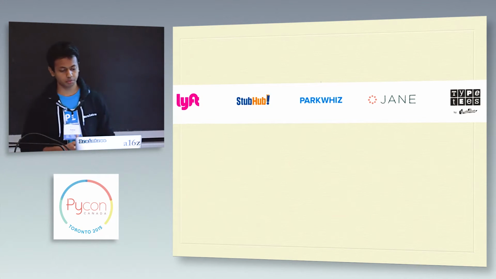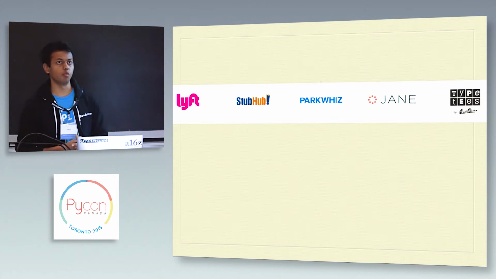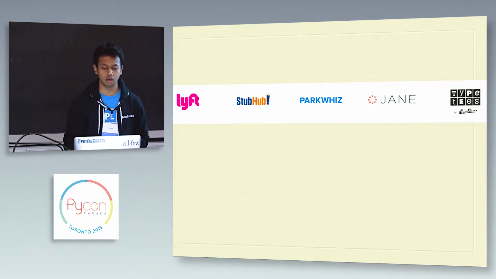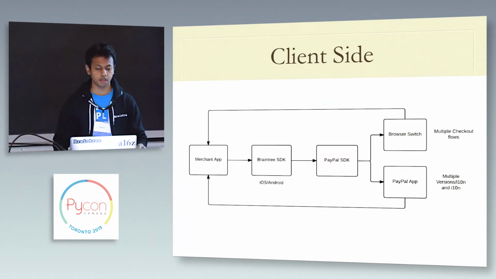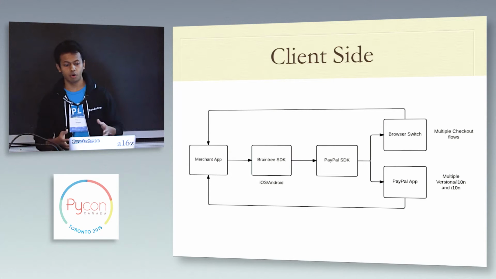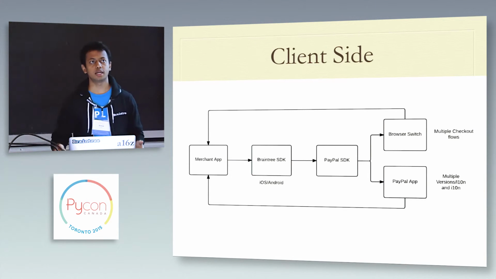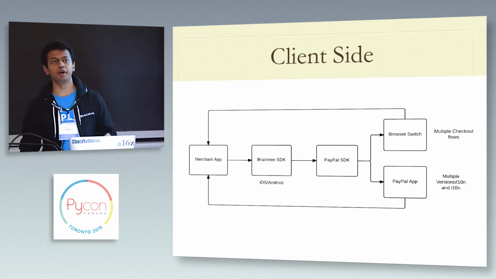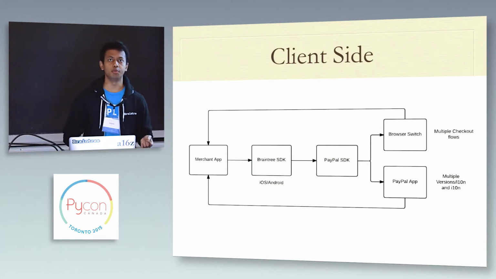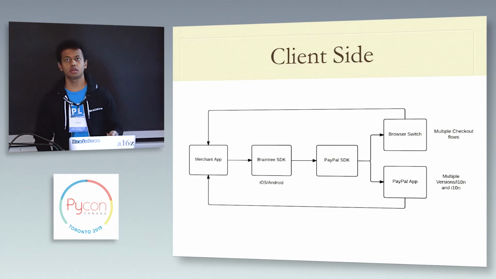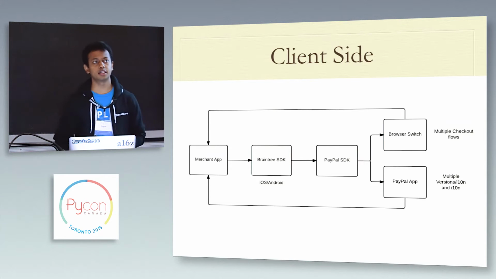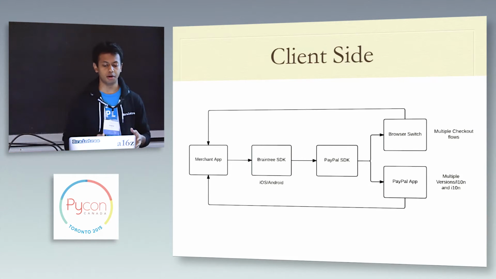So let's talk about how this works behind the scenes. The components go like this. There's the merchant app, which uses the Braintree SDK, and that could be either iOS or Android. The Braintree SDK wraps the PayPal library.